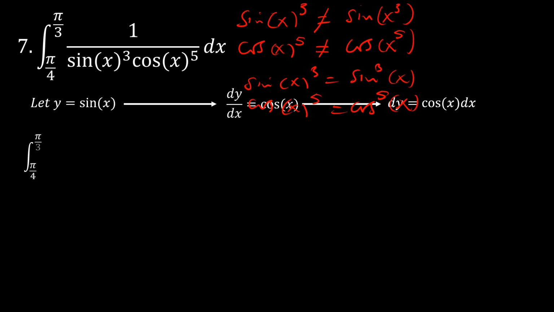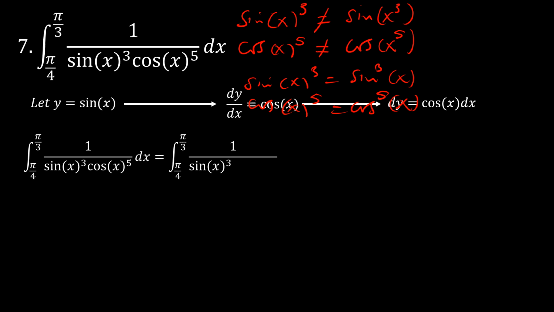We can now readjust our problem by multiplying both the numerator and denominator by cosine x, so that we have 1 over sine x to the power 3 times cosine x to the power 6, times cosine x dx. We did this because we wanted this part to be similar to dy here.